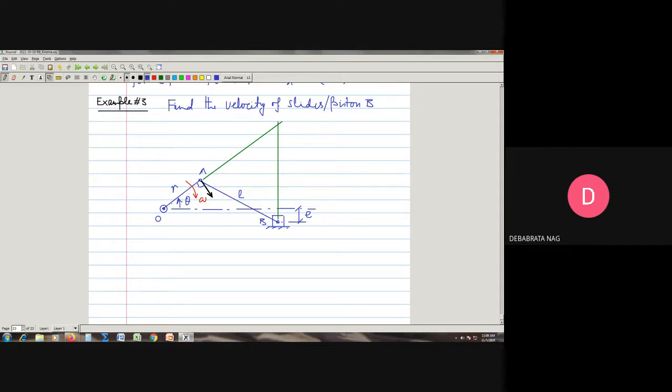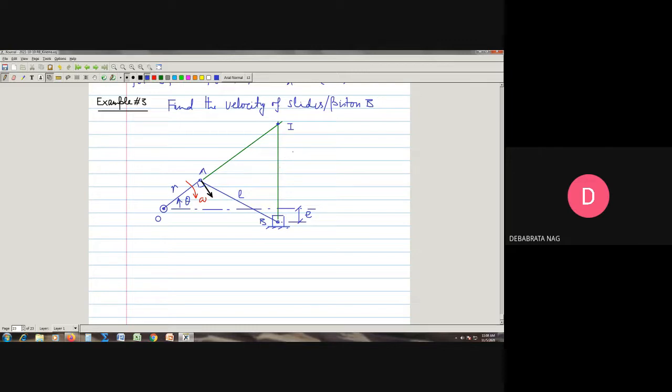So that's why we extend this line, allowing it to intersect at this point, I. So from the geometry that is given, if I know this dimension R, this angle theta, this distance L, and this distance E, then obviously we can find this distance IB.